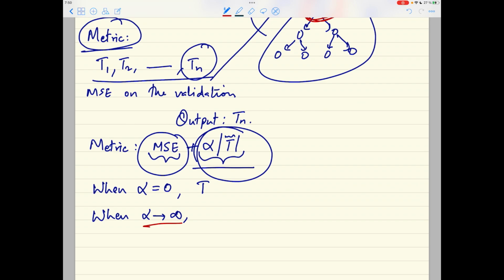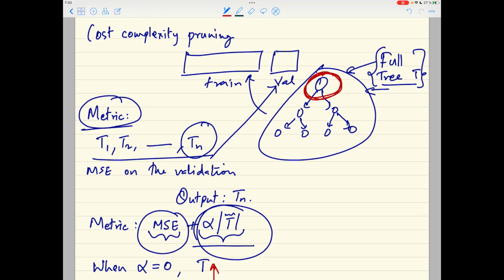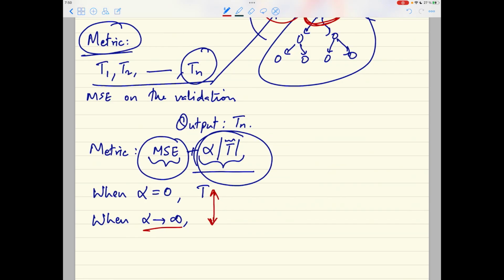So these are the two extremes, and somewhere in between these two values lies the optimal value of alpha and the corresponding subtree that has the minimum possible generalization error. This is the intention behind introducing this additional penalty that penalizes the complexity of the subtree we are extracting.